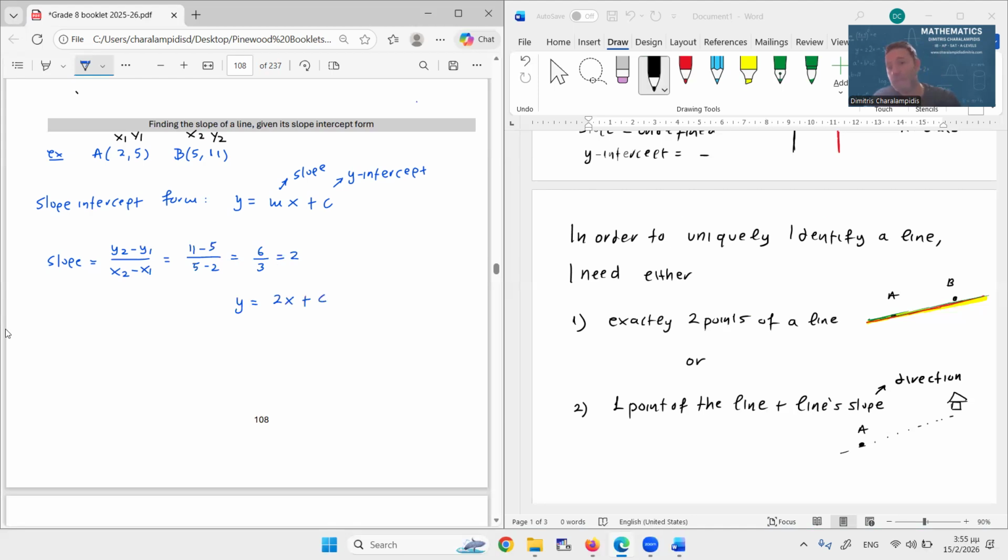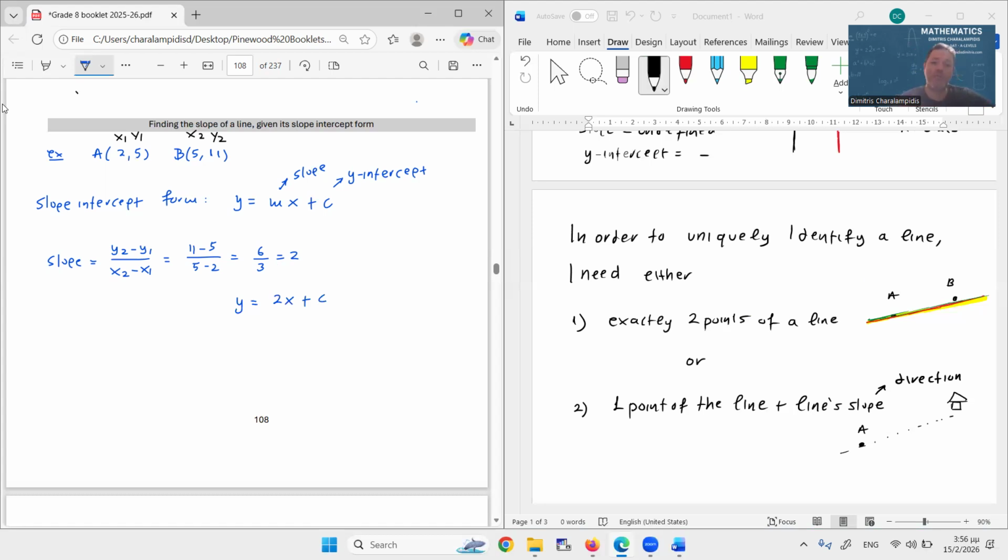Now, the only missing parameter is the value of c. How can I find it? What else have we learned so far? We spoke about slope. We used it in the slope formula. Then we talked about points of a line, and we saw some specific cases of points, which were the intercepts.